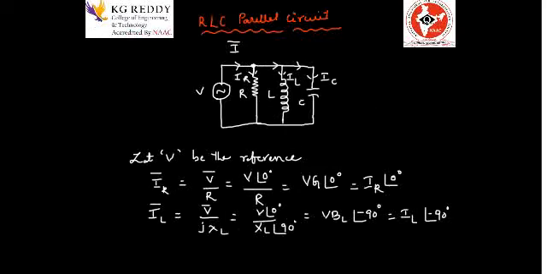At this particular point, the entering current is I bar, and IR, IL and IC, all three, are the leaving currents. Now apply KCL at this particular point.